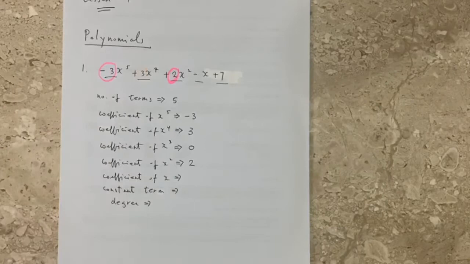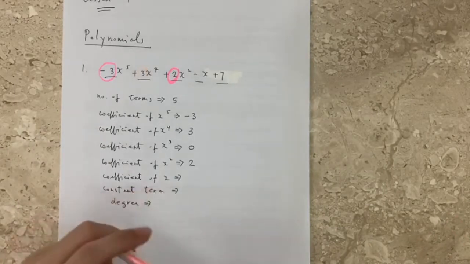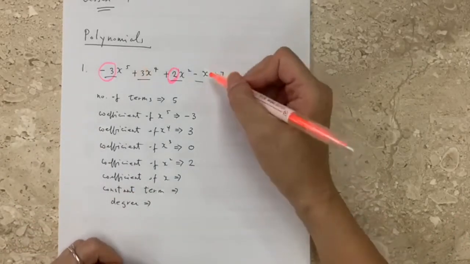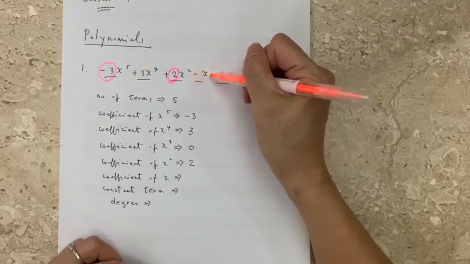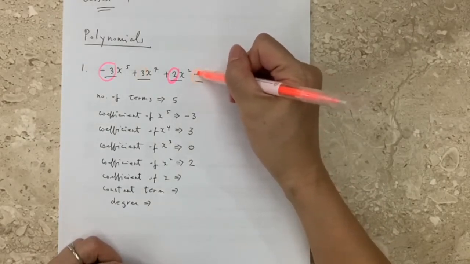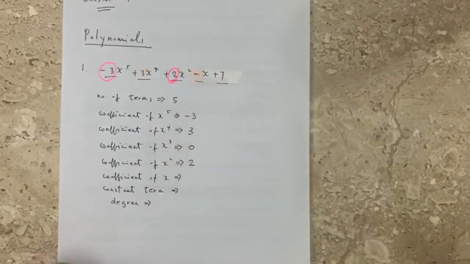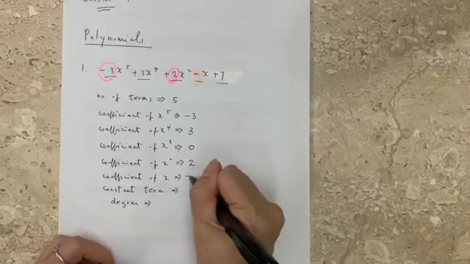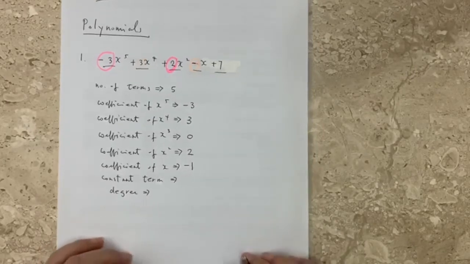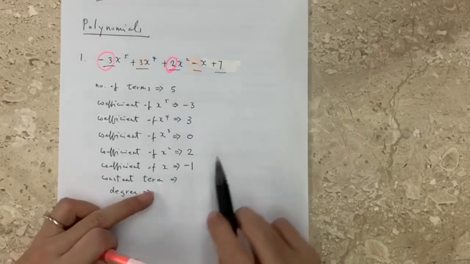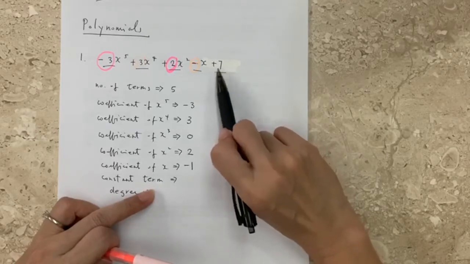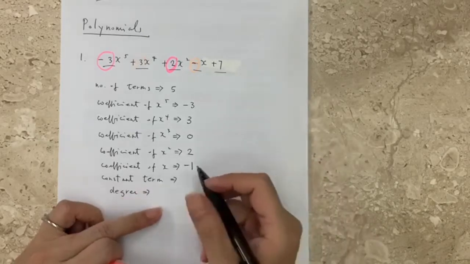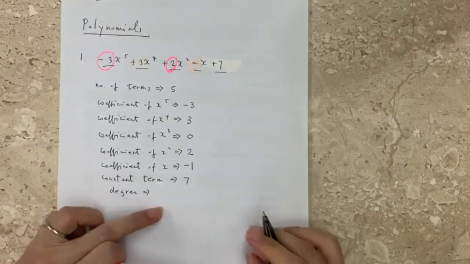Okay, and next one we have coefficient of x. Do we have x? Yes, we have x here, but be careful, you have no number here, so that means 1x, and be careful about this sign, which is minus 1. And then constant term means which is always the same, there is no change, because this plus 7 is always same as 7, so the constant term is 7.